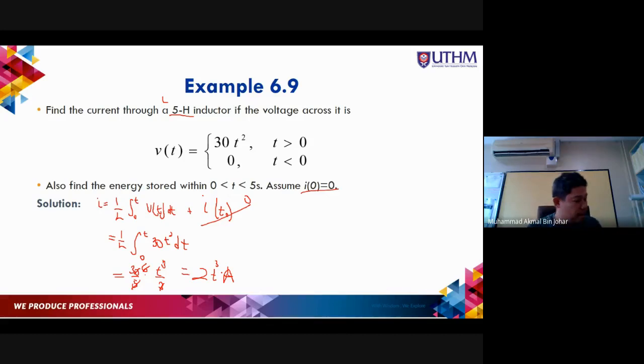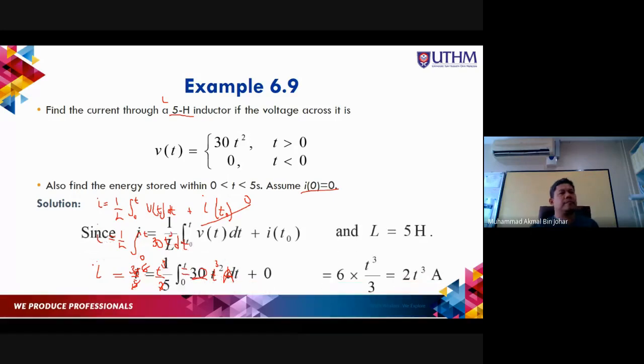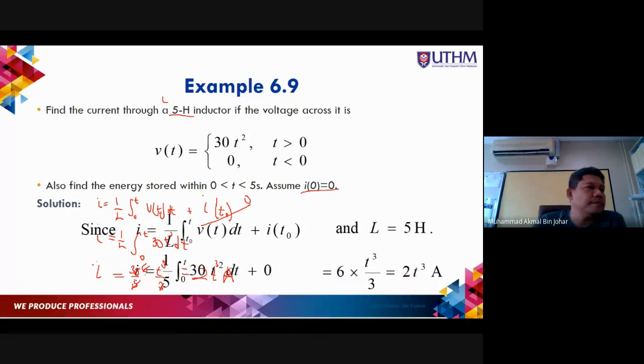So we have here the expression you can use to determine the value of i. So this is how you calculate the i inside the inductor: 2t cubed.